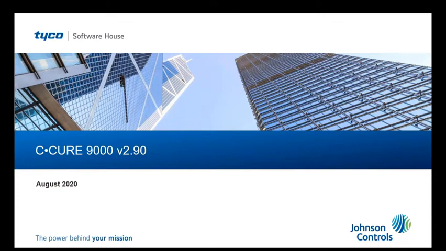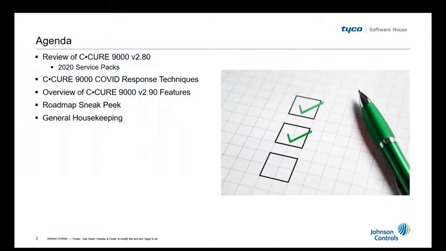This is our second and I believe last scheduled launch webinar for 2.9, but we will have the recordings available as well. So what we're going to cover today is a quick review of 2.8. Some of the functionality that we added in 2.8, which came out last August, plays well into where we're going and what we've added for 2.9.